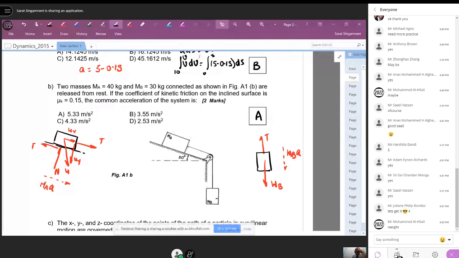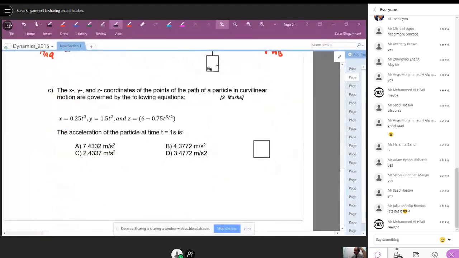The x, y, and z coordinates of the points of the path of a particle in curvilinear motion are governed by the following equations. Here he gave you the displacement as a function of time, but each coordinate is individually moving.